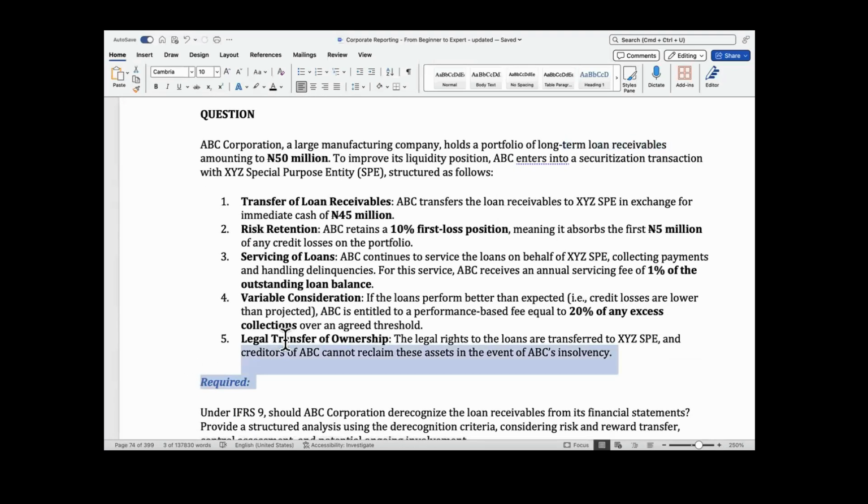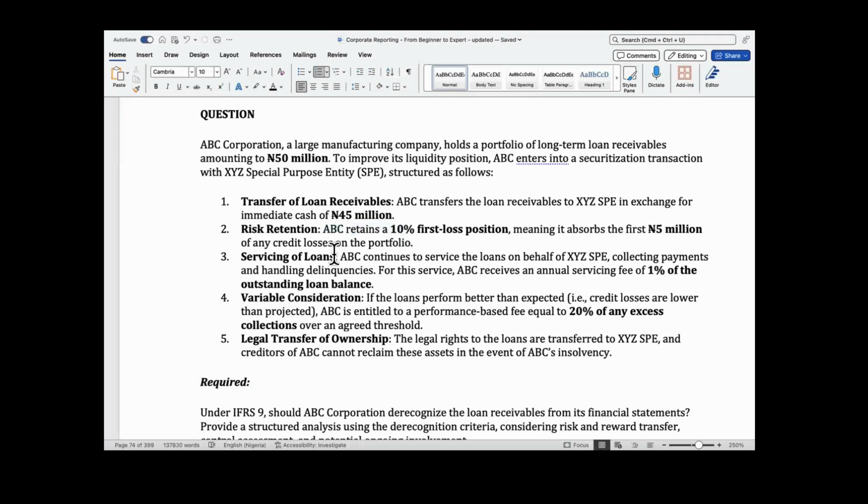Number one, transfer of loan receivables. ABC transferred the loan receivable to SYZ in exchange for immediate cash of 45 million. Risk retention. ABC retains 10% first loss position, meaning it absorbs 5 million of any credit losses on the portfolio.